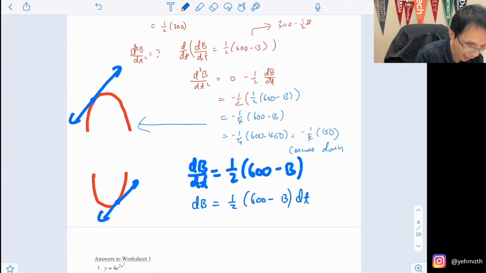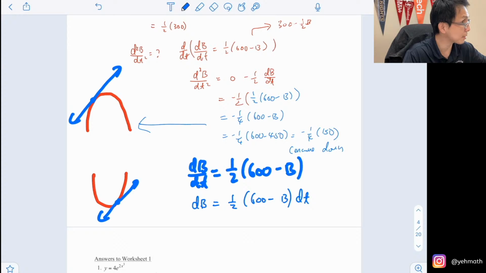And now divide by the 600 minus b, because that you can divide. Because if they're adding and subtracting, you cannot divide it over. You can only add and subtract over, but since you have multiplied by dt, you really cannot move it over. Does that make sense? The only way is to divide it over to the other side. Once you distribute, it actually makes the problem worse. So you don't want to distribute.